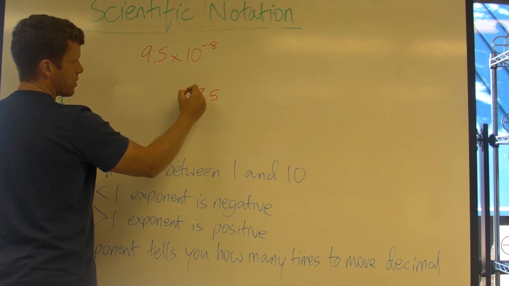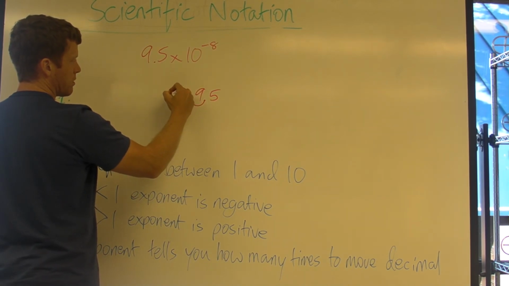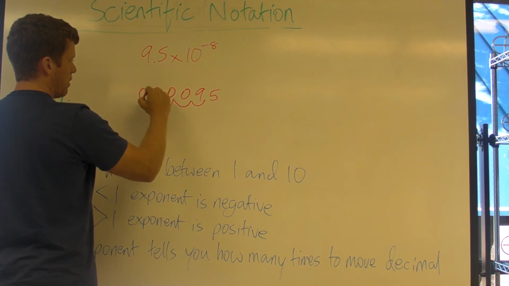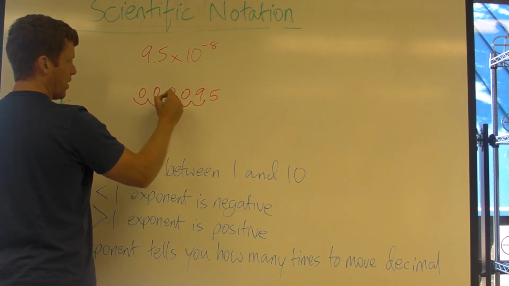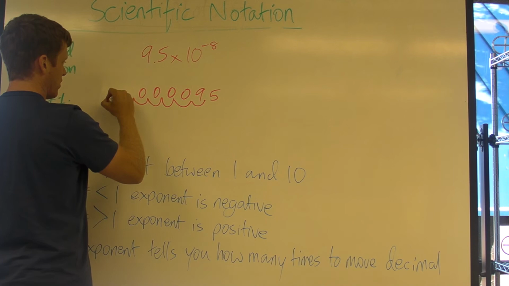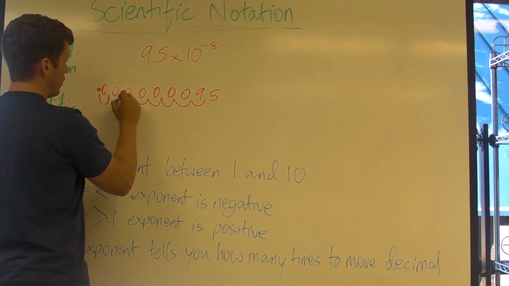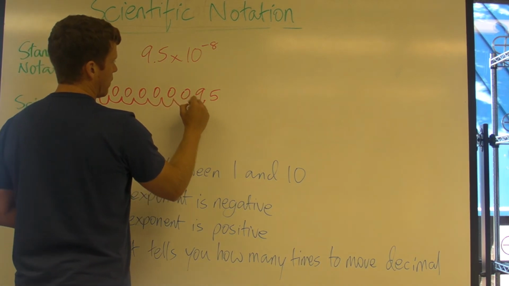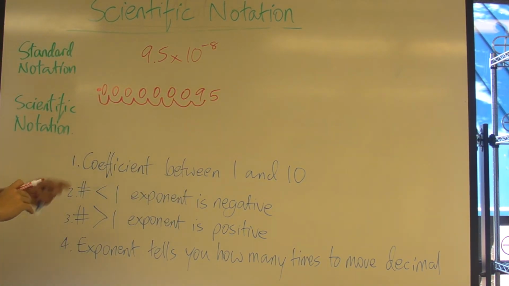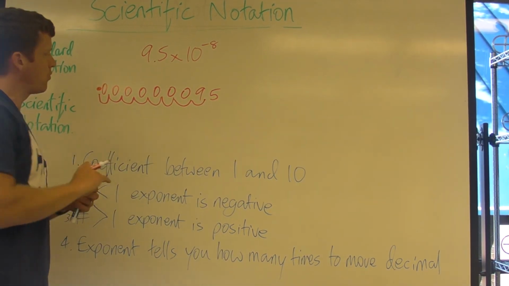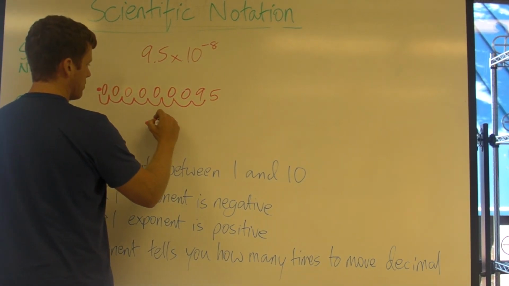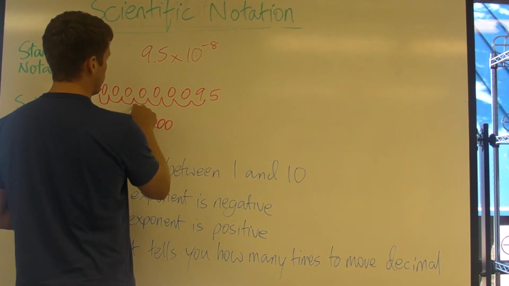So I move it once, put a 0. Twice, put a 0. So 1, 2, 3, 4, 5, 6, 7, 8. So this could be like this scratch work, if you will, and you could rewrite it just to be neat.